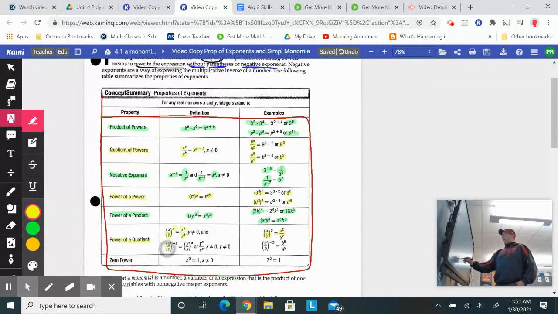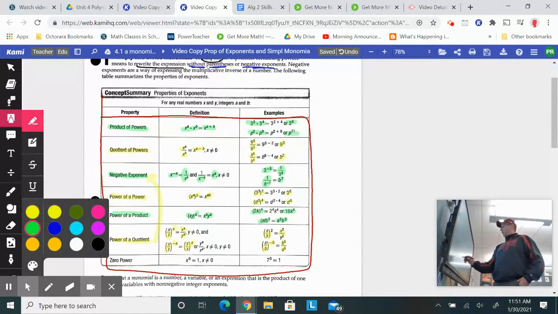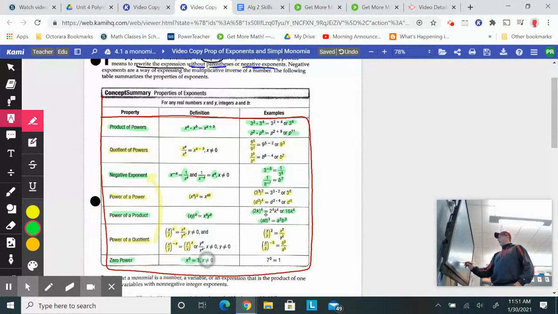If you have x over y to the opposite of a, remember when we talked about a negative exponent up above here, we talked about the reciprocals, the y and the x do the reciprocal, y over x to the positive a. So a over b to the negative fifth, it'd just be b over a to the fifth, and b over a to the fifth power is b to the fifth, a to the fifth. And then finally, quick review of zero power. Anything to the zero power is 1.